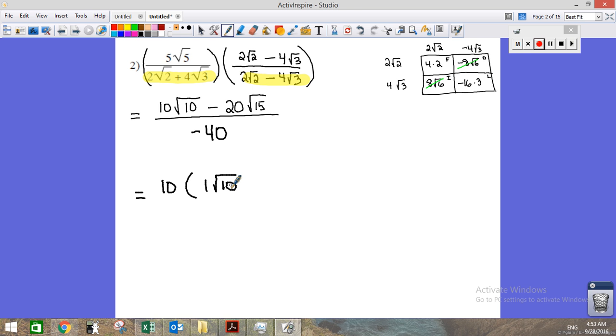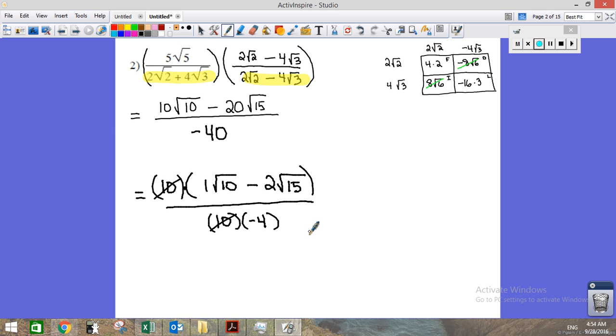I have this 10 radical 10 minus, well, 10 times 2 is 20, and then I have the square root of 15. Now in the denominator, I can rewrite negative 40 as positive 10 times a negative 4. And now I have this 10, and since this is a factor and it's not addition or subtraction there, I can say 10 divided by 10 is 1, and that those cancel.